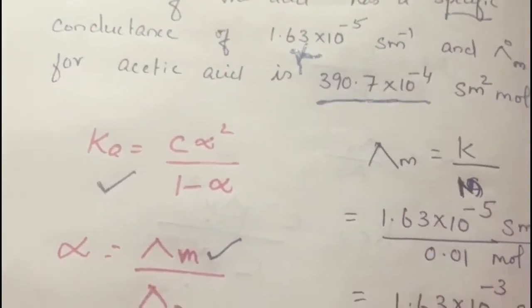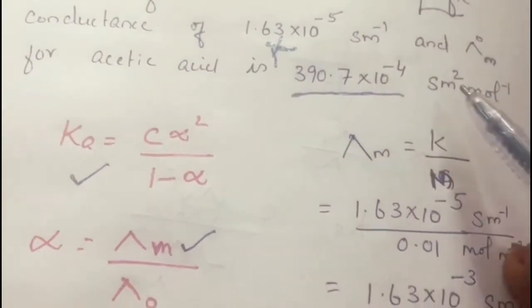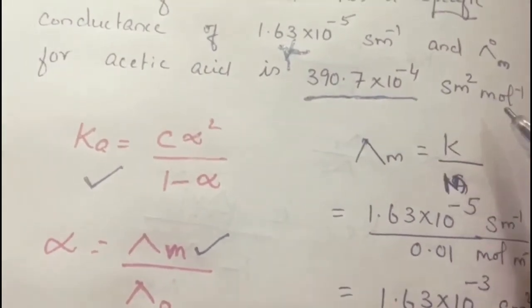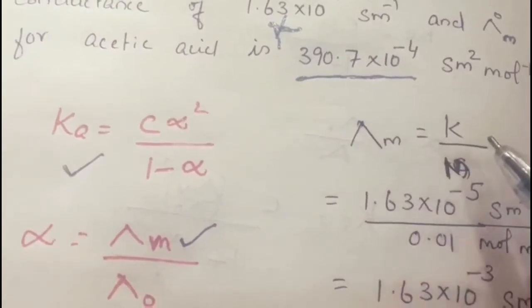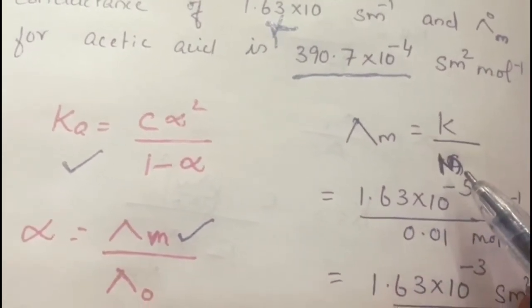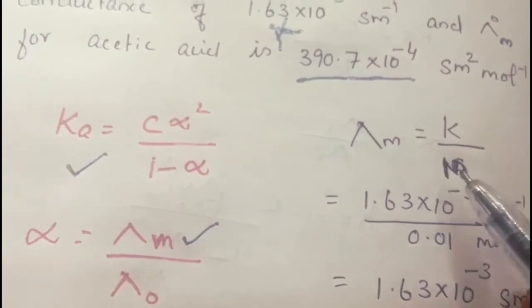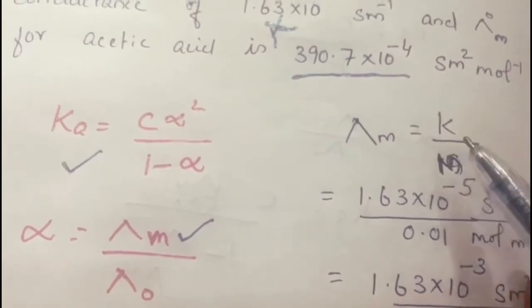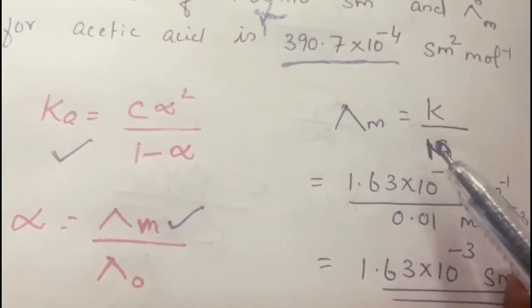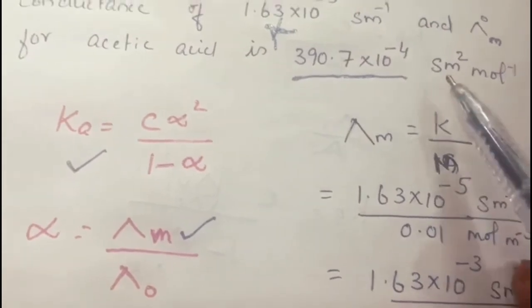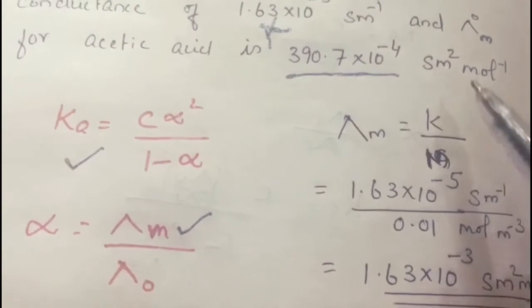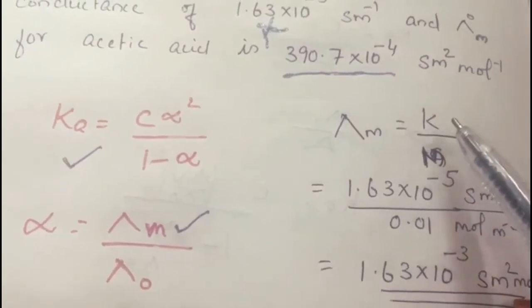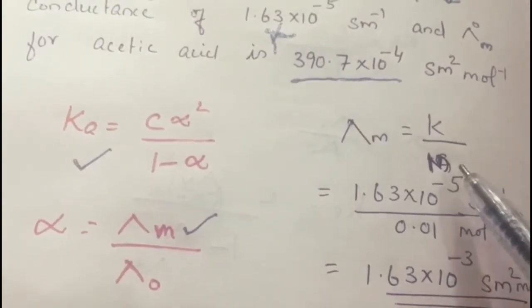If it is given in Siemens per centimeter or Siemens centimeter square mole raised to minus 1, we have to use lambda m equal to K into 1000 by concentration. M is the molarity, or you can write concentration, or C. All are the same, it's the concentration. So here it is given in meter, so you can write K by M. If it is in centimeter, we have to write K into 1000 by concentration.